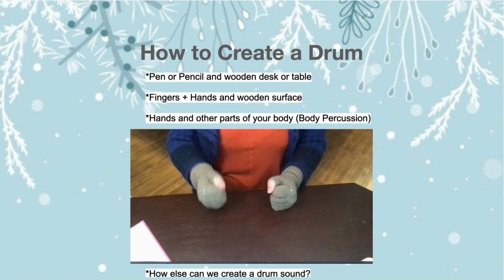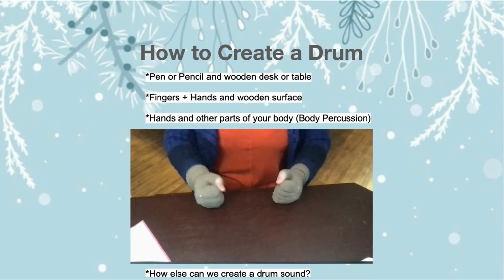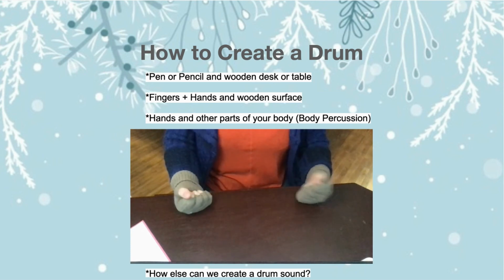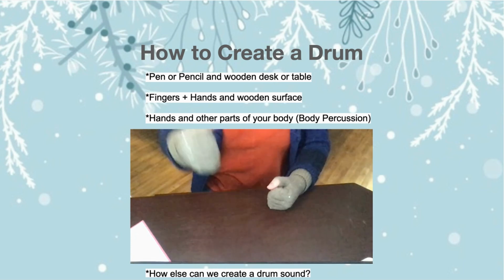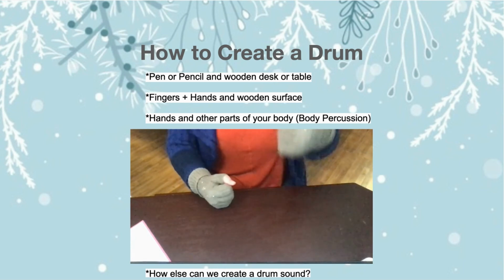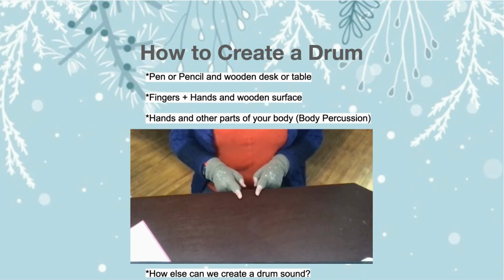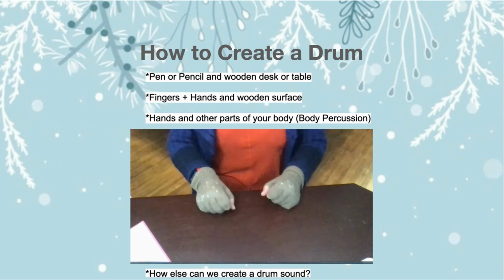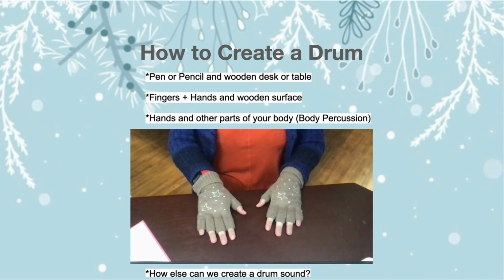Let's try fists. All right, I'm not putting too much energy. Again, I'm letting gravity drop my wrists. I'm just picking up my hands. The only one that I put any energy into is my fingers. All right, so that's the second way that we can create a drum.